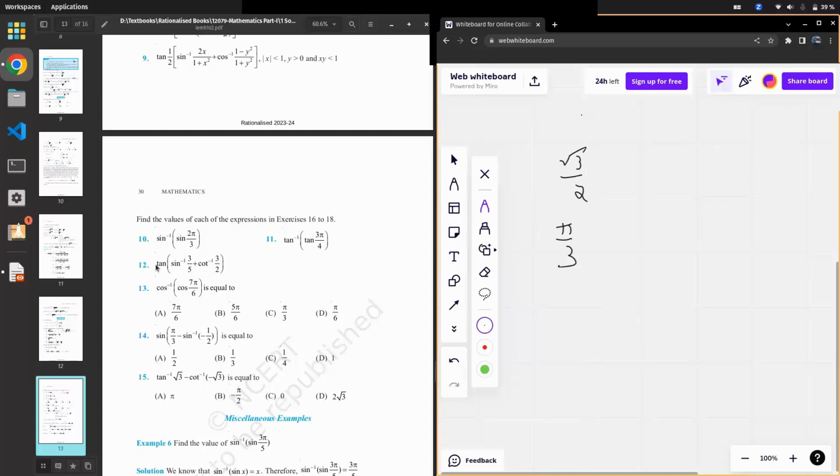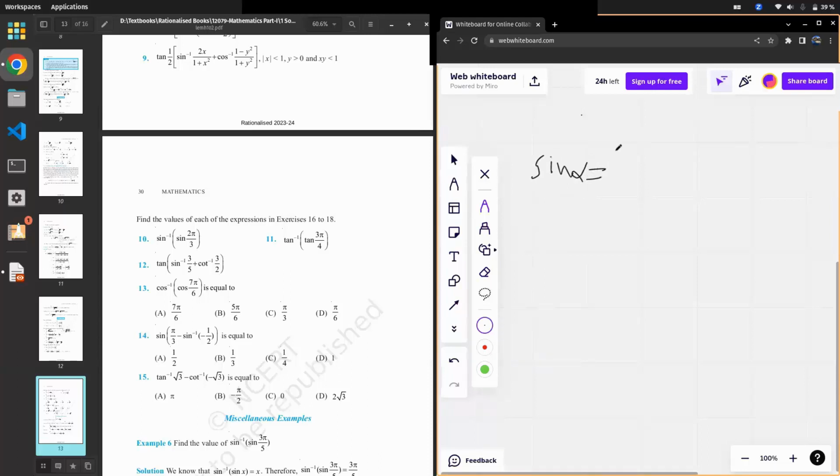Okay, let's see the 12th question. It says tan of sine inverse of 3 by 5 plus cot inverse of 3 by 2. First we'll convert this sine inverse of 3 by 5 and cot inverse of 3 by 2 into tan, so by expanding tan A plus B we'll get simpler terms. We don't know the value of theta.